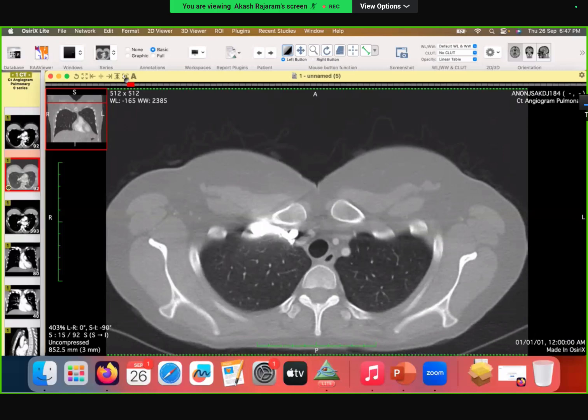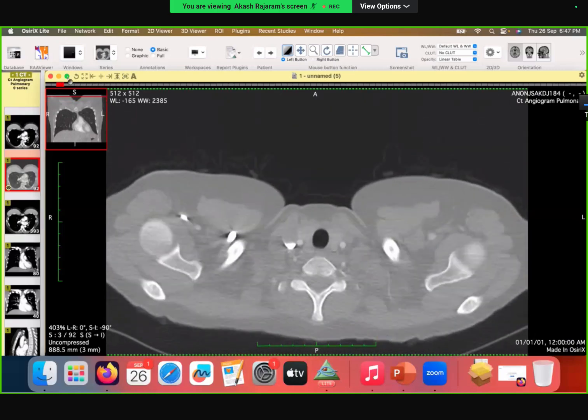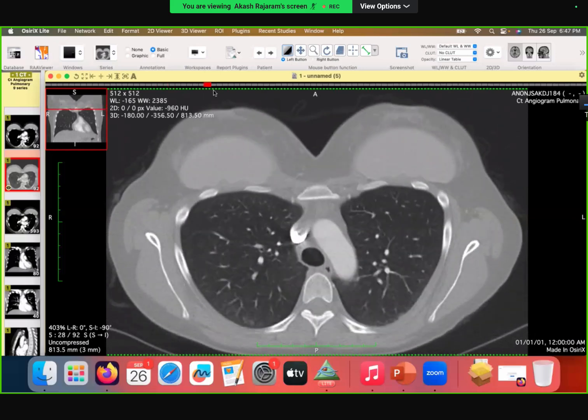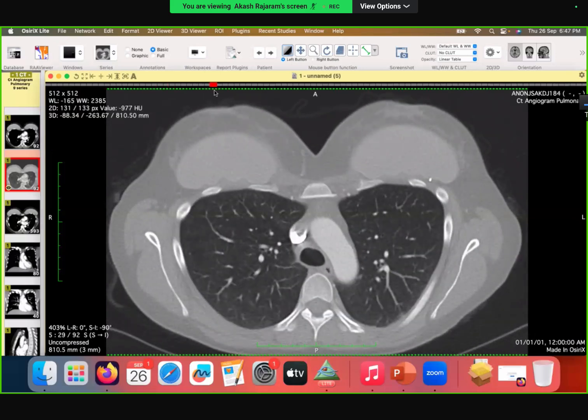So causes of lower lobe collapse in an adult might be related to mucus plugging or endobronchial lesion. Maybe follow-up, checking with the patient's previous images. If it doesn't resolve, bronchoscopy would be recommended to rule out any occult endobronchial lesion.